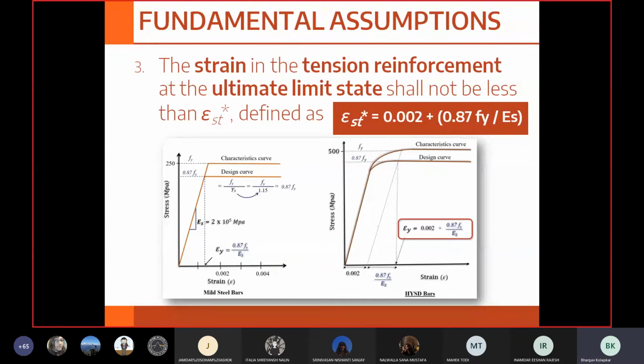The reason for this minimum strain is that we have defined this strain as the yield strength, meaning that at this value of strain, steel yields. So if at failure the steel has yielded, the steel can undergo a lot of deformation at the same value of stress. If it is undergoing a lot of deformation, it will undergo a lot of deflection before actually collapsing.